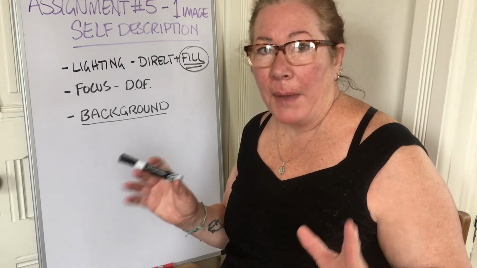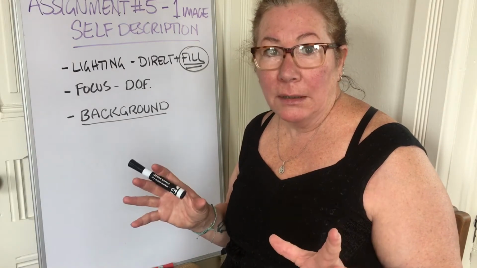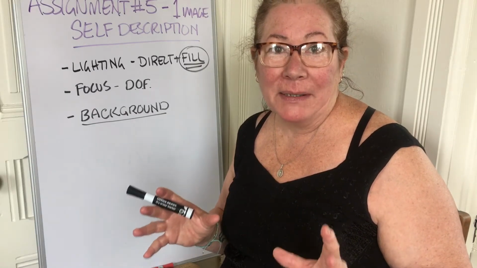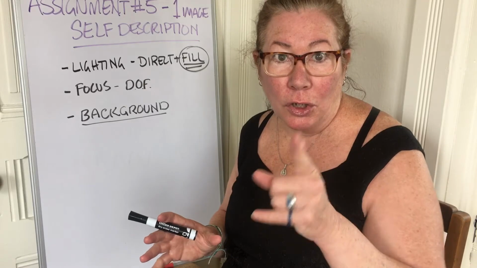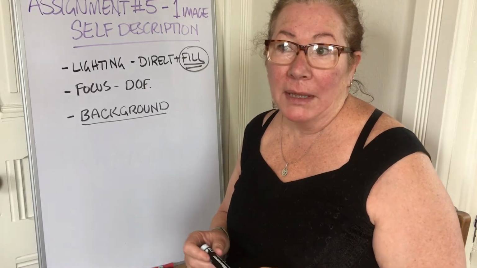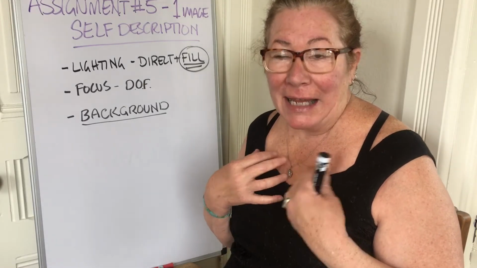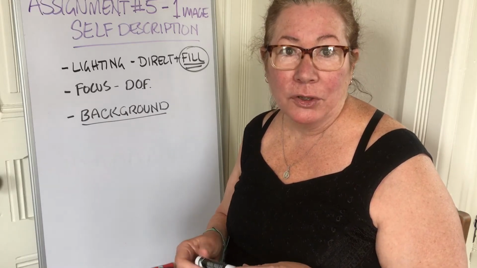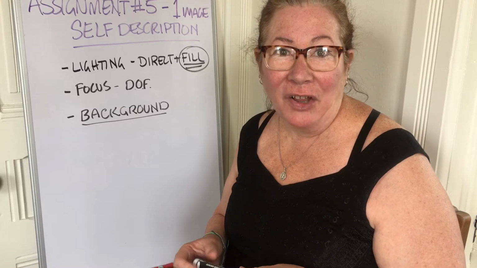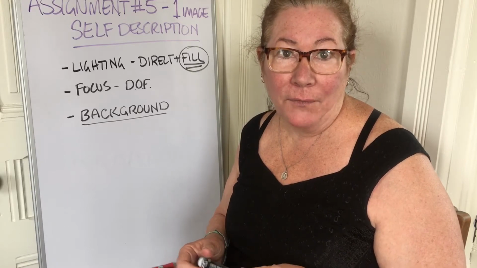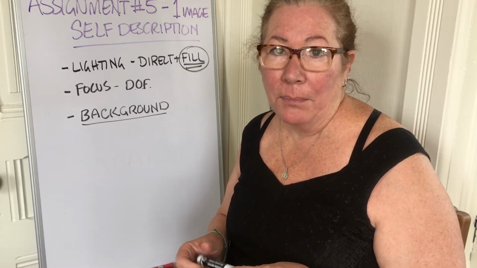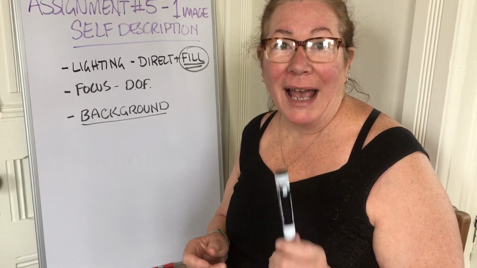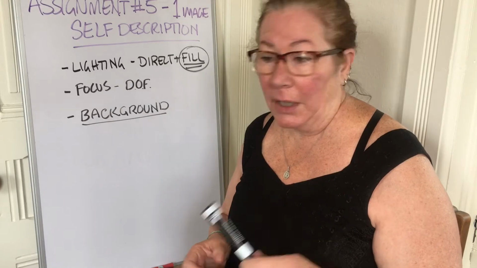The only time that the background is important in this particular photograph is if it has a specific meaning about you, right? So what I'm saying is that the background should only be obvious or shown if it tells something about you in the photograph. Okay, so it's only important if it's going to be about you. So otherwise, I want you to isolate your objects, the objects you pick.